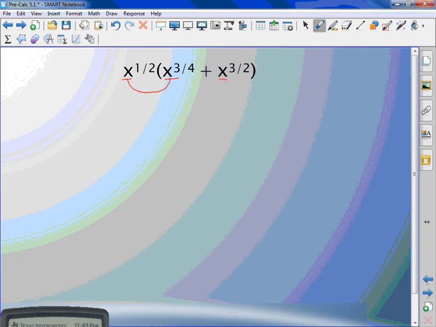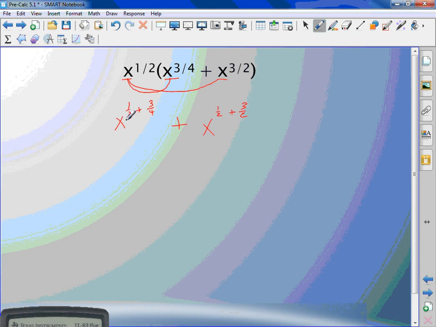So I have x to the 1/2 plus 3/4, plus, then I'm going to take x 1/2 plus 3/2. When I multiply with the same base, I add the exponents.